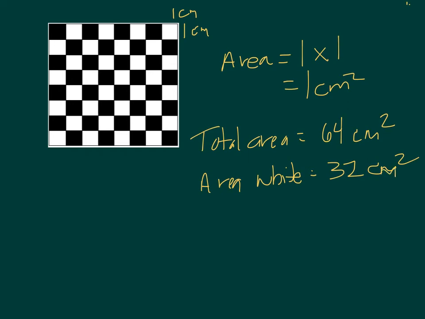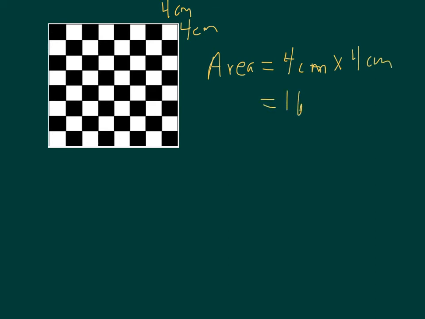And interestingly enough, the ratio of those two areas, 32 over 64, still comes out to be 1/2. Let's change our dimensions and see if that's just a coincidence that the ratio of those areas happen to be the same, or if it's something that'll hold true all the time.